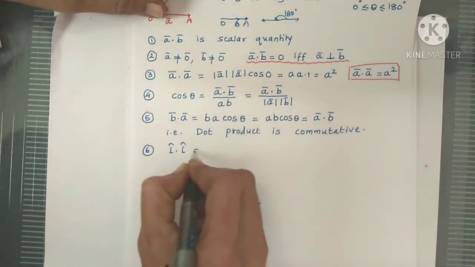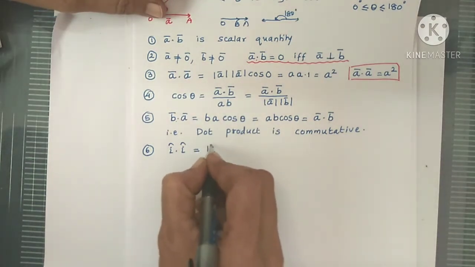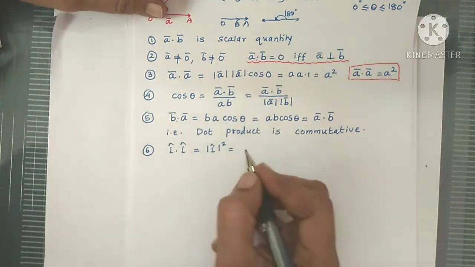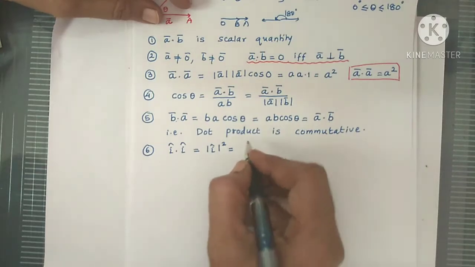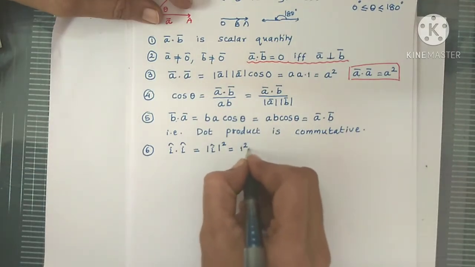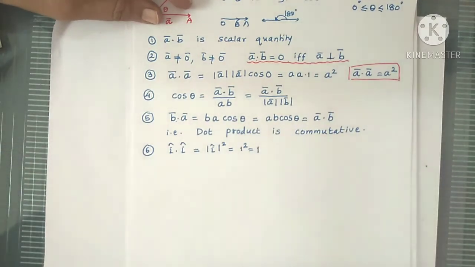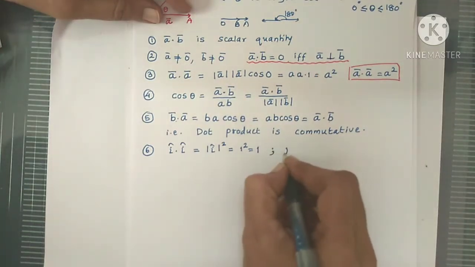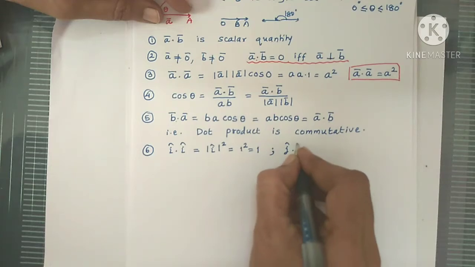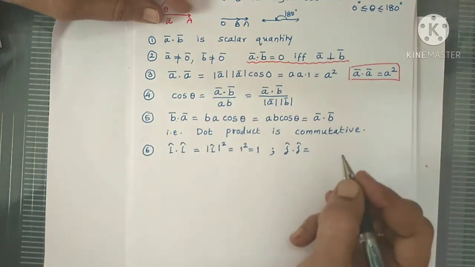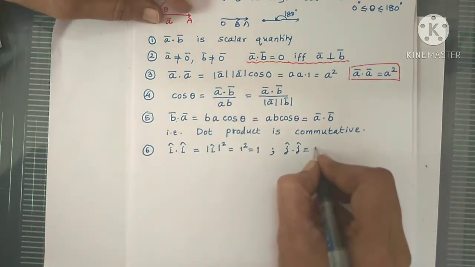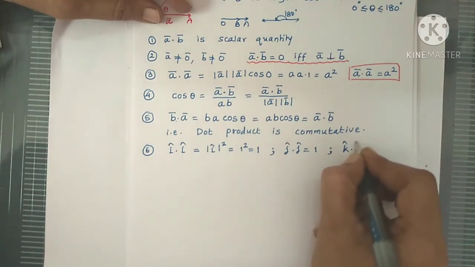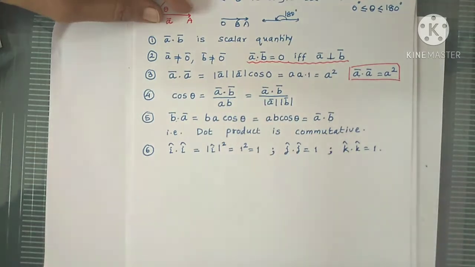So i cap dot i cap is modulus of i cap square, and as it is a unit vector, modulus of i cap is 1. So it is 1 square equal to 1. So we have i cap dot i cap equal to 1. Similarly, j cap dot j cap is modulus of j cap square, which is 1 square, that is 1. k cap dot k cap is also 1.